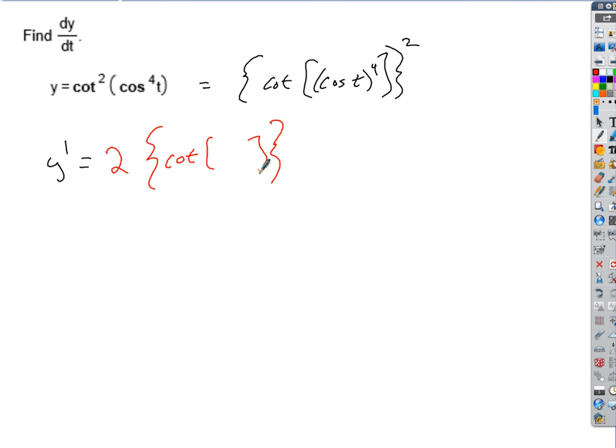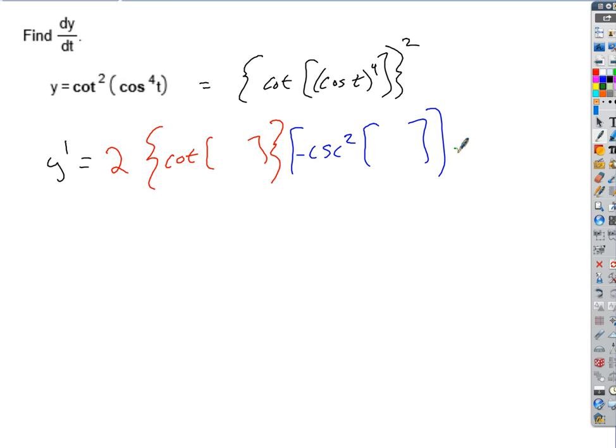So then the derivative of cotangent is negative cosecant squared of something, right? Times the next layer. If we look inside the cotangent, what's next? The 4th power, right?